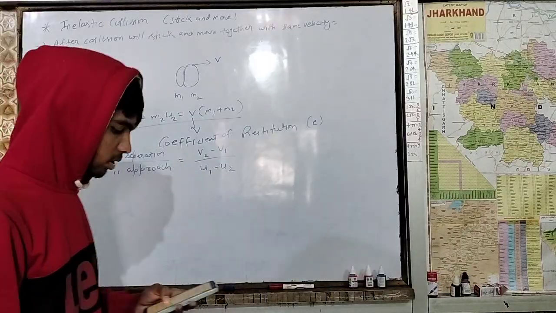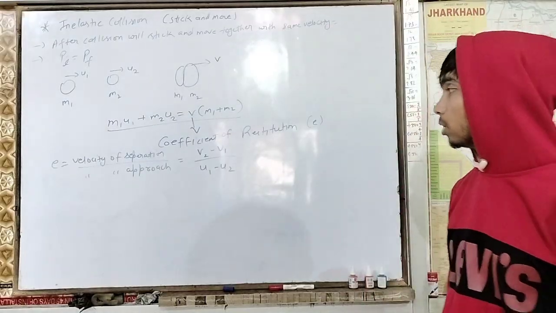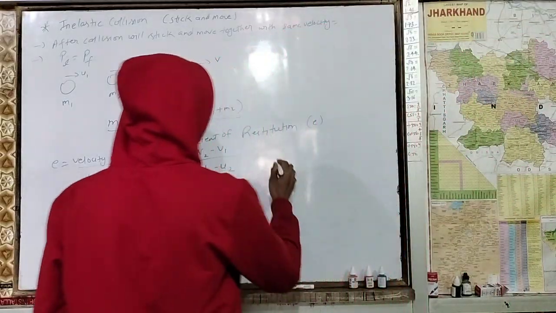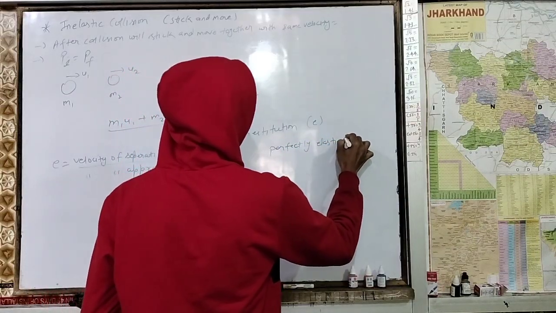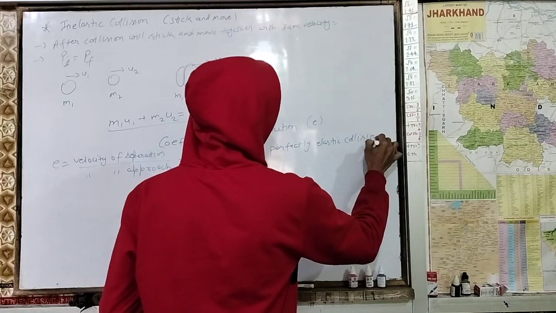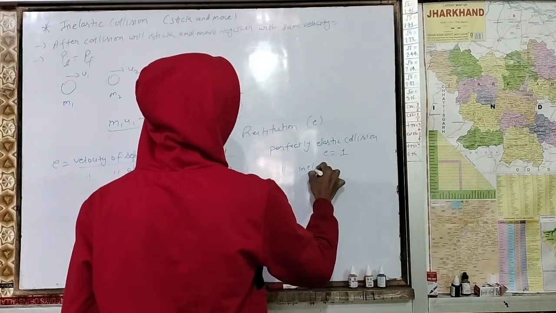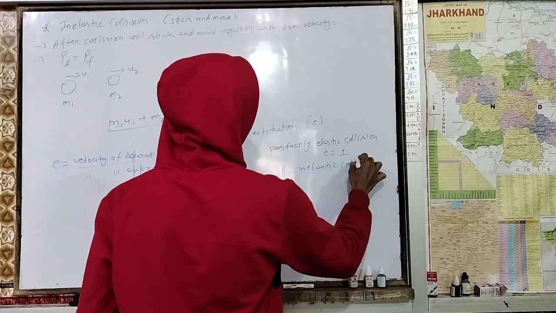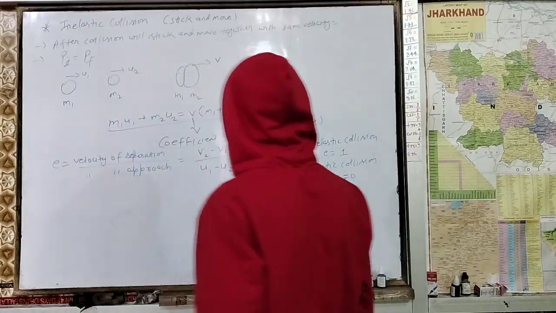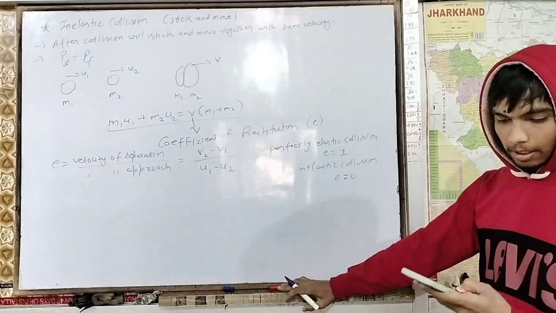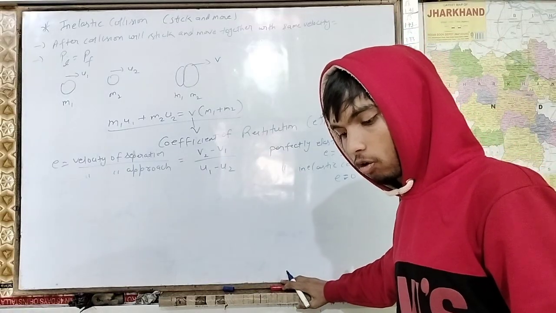For a perfectly elastic collision, e will be equal to 1, but for a perfectly inelastic collision, e will be equal to 0. The value of e depends on the material of the colliding bodies.